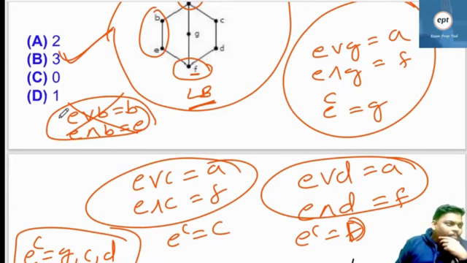Yeah, the join is the OR operator, which is also called LUB, least upper bound. Intersection means the AND operator, which is also called GLB, greatest lower bound.